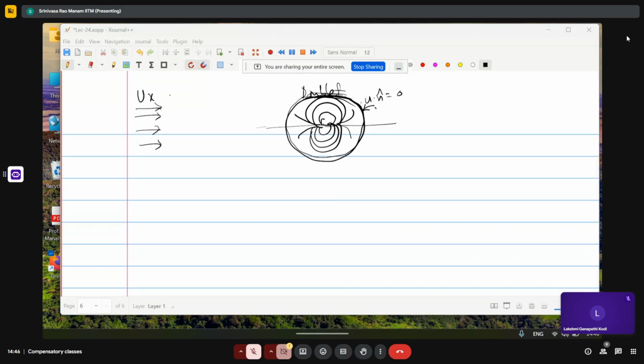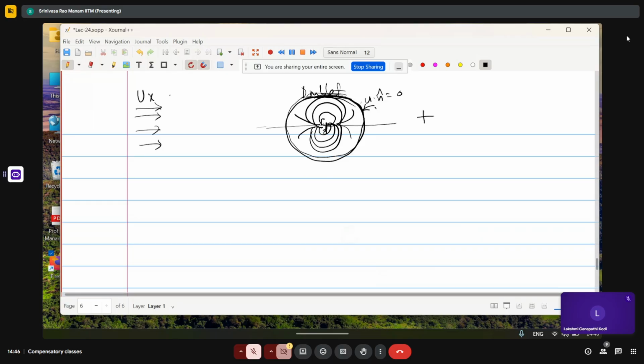Now I am trying to include, this is at 0, right? So at 0, I'll also include a point vortex. The vortex flow that you have now is also called a point vortex because there is only one vortex, right? So a point vortex at (x, y) equal to (0, 0). Then what will happen? You are actually allowing the rotation. Okay.